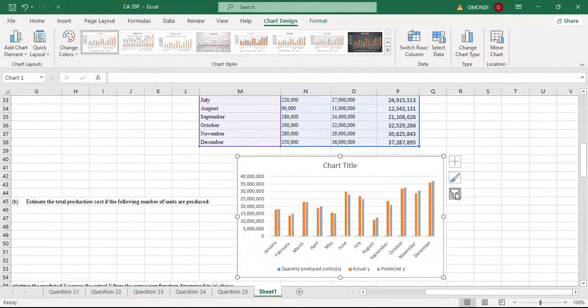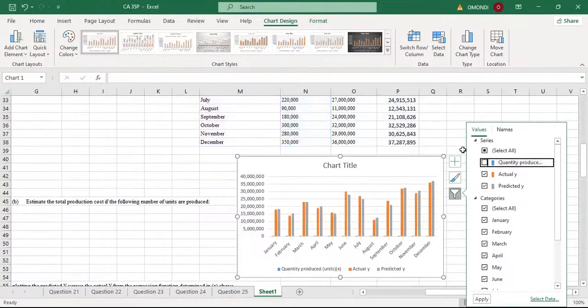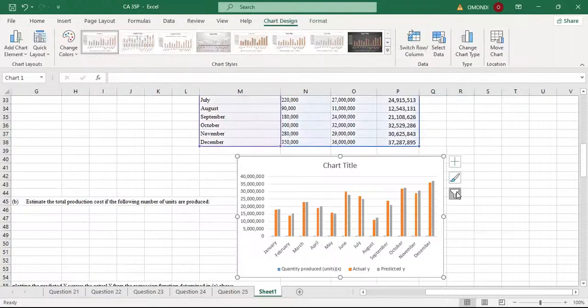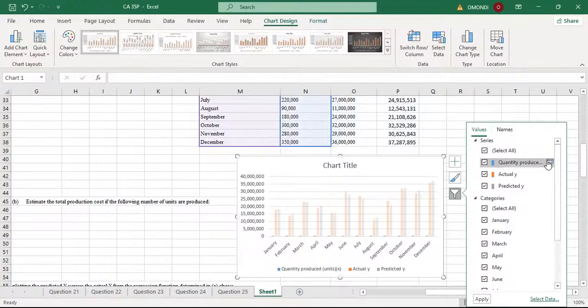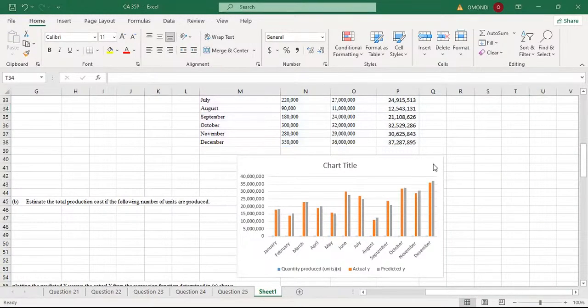I come to this point and filter. These quantities produced, I don't want it. I want to compare actual Y and predicted Y. Actually, you can even do away with the quantities produced at that point where we are selecting the data.